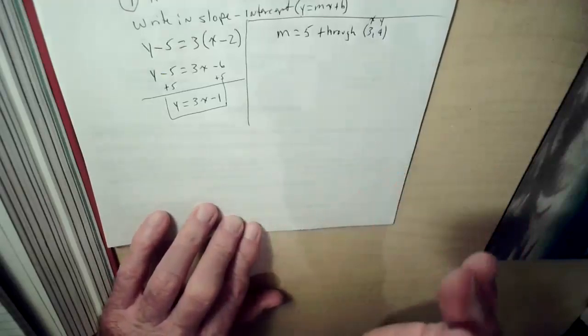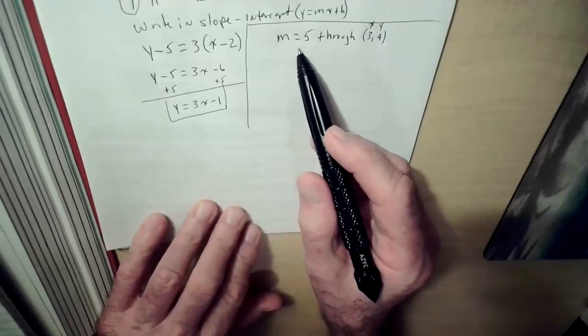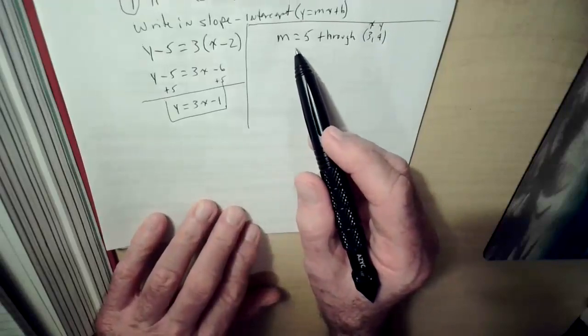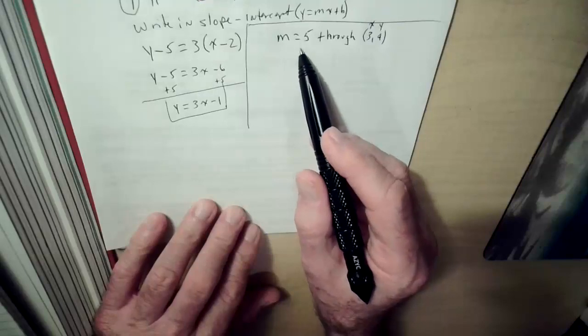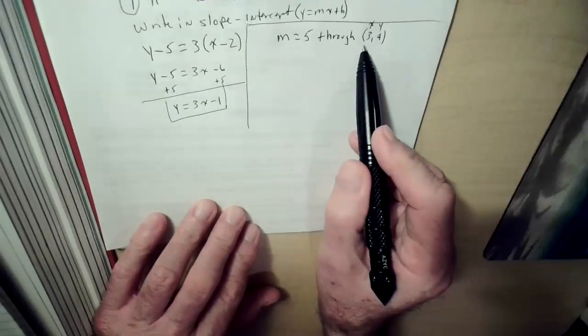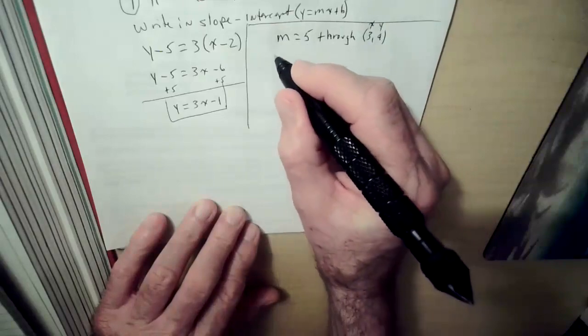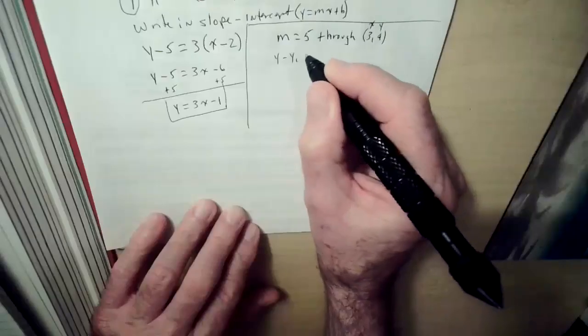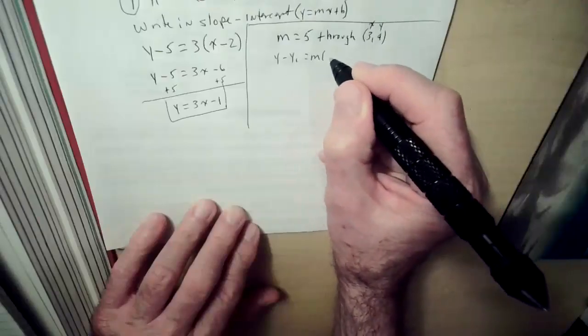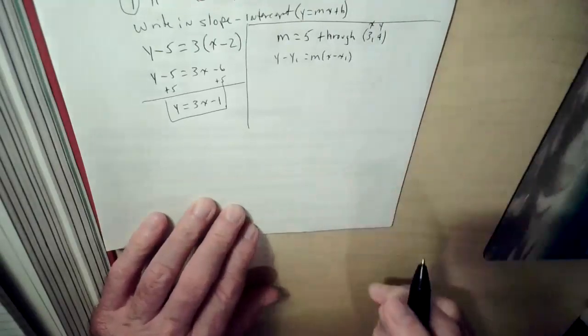Okay, so our slope is 5. When you get this, look at it and say, what am I given here? You're given slope and a point. So what formula are we going to use? Oddly enough, we're going to use point slope. Point slope is y minus y1 equals m open x minus x1.